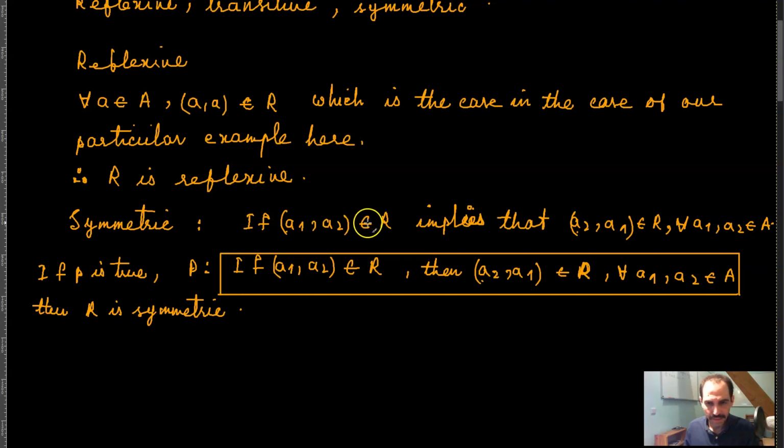Now, when you say that this statement implies this statement, what that means is that if this statement is true, then this statement has to be true as well.